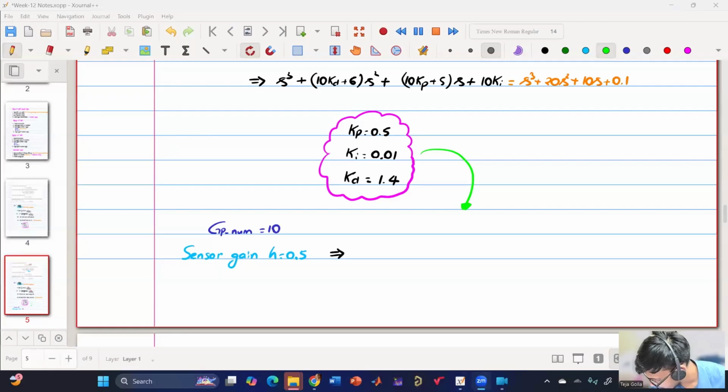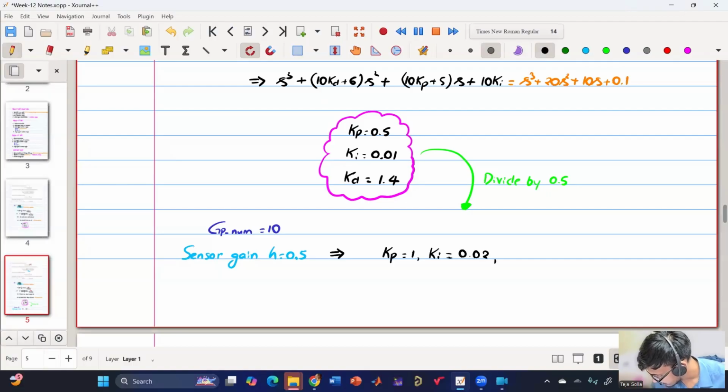Yes, so divide by 0.5. So KP now becomes 1. So multiply by 2 basically, 0.02, and then KD will become 2.8. So that's how we are going to get the gains.